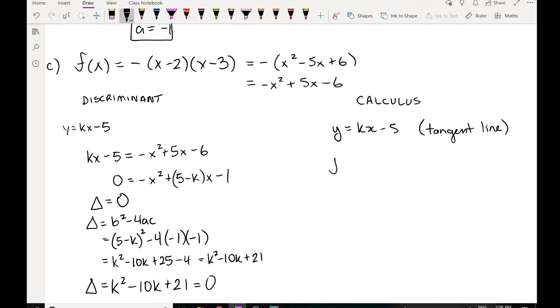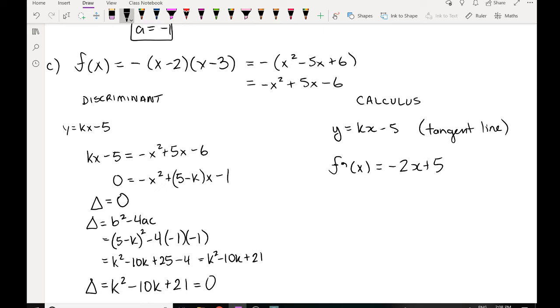Well, the derivative of f, so f prime of x, gives me my tangent lines. It gives me the slopes of them at least. So the derivative of that quadratic would be minus 2x plus 5.